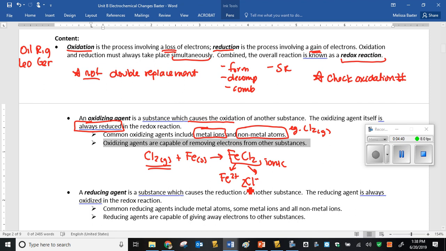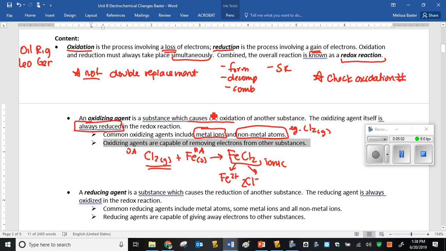If I look, I see, oh yeah, the chlorine, when becoming chloride ions, now has a negative charge, so it clearly gained some electrons. So this would be your oxidizing agent, and this would be your reducing agent. Everybody's good so far? Okay.